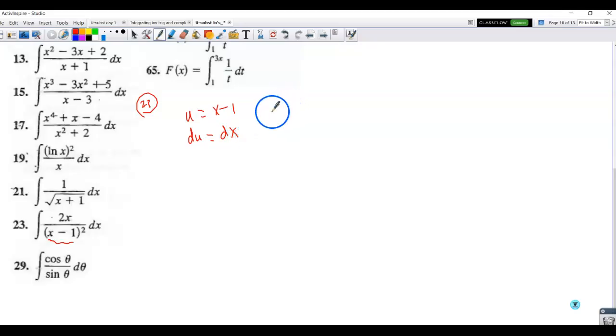So if I replace, I can take that coefficient of 2 on the outside. It looks like stubborn x has reared its ugly head right there because I don't have a replacement over here in my key. So I can replace or substitute in the denominator. I can make that u squared.